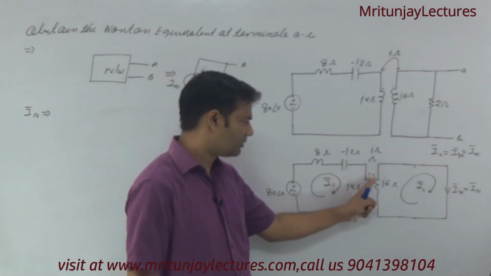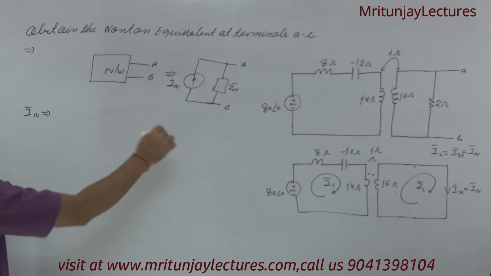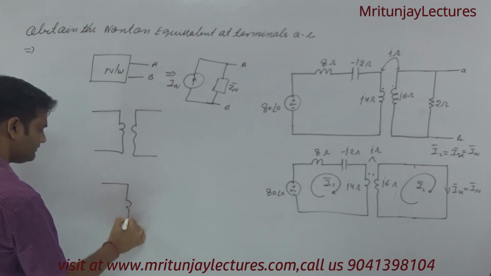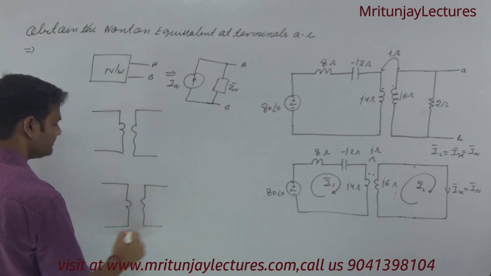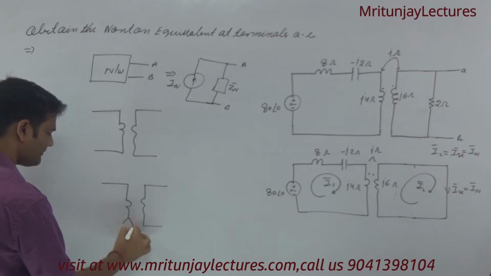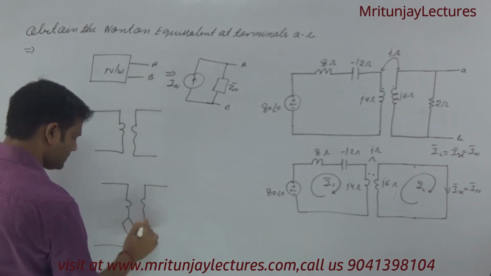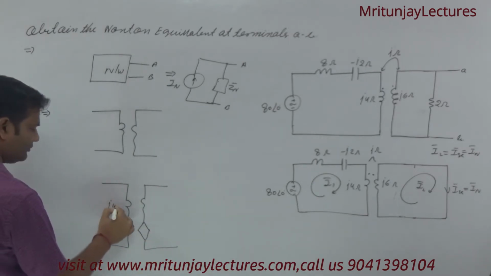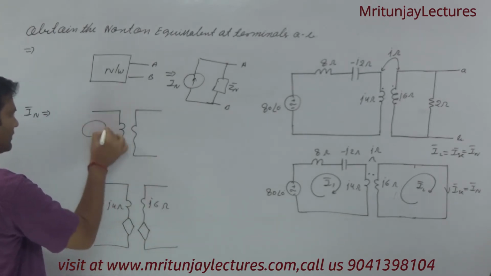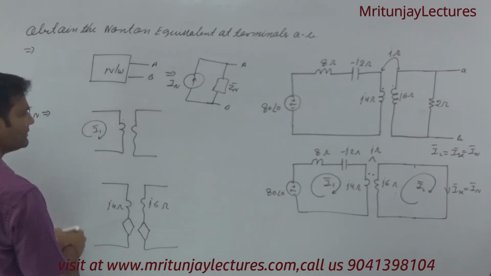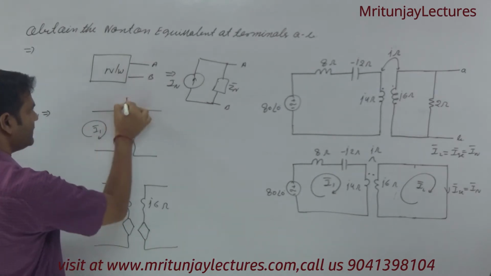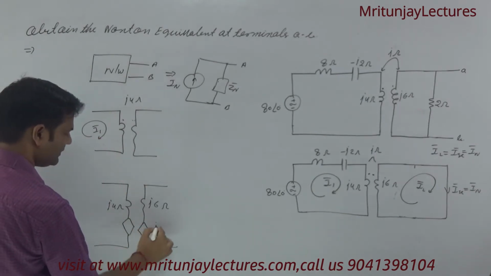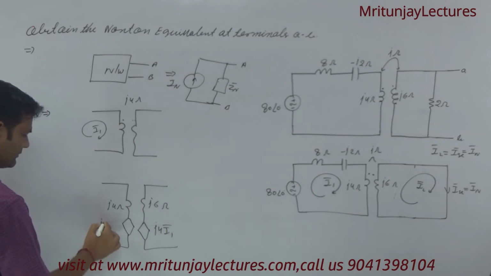This one has dot polarity, so we focus on the dot terminal. How can we resolve this type of problem? I have already discussed it. First of all, make a box like this one, that is J4 ohm and J6 ohm. Direction of current I1 with the dot, that is J4 ohm, so that is J4 I1 and here J4 I2.